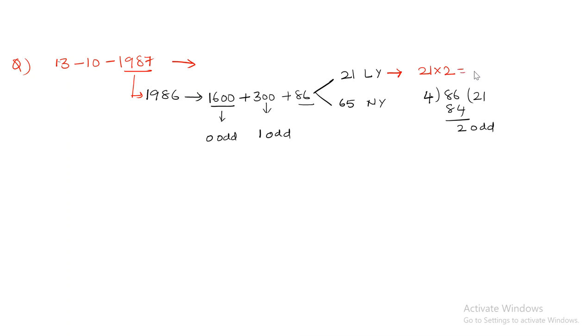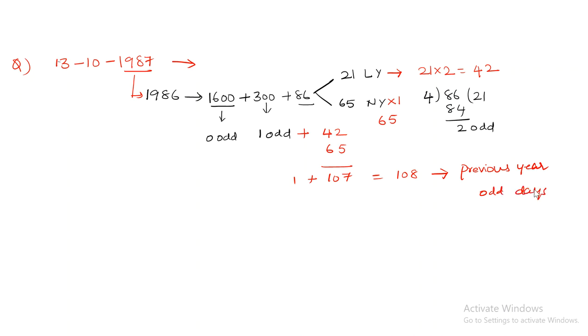It is nothing but 42, and 65 normal years are going to contribute 1 day each, so 65. So in total, 42 plus 65 is 107, plus 1 odd day here, so in total it is going to be 108. So this is the previous years' odd days.